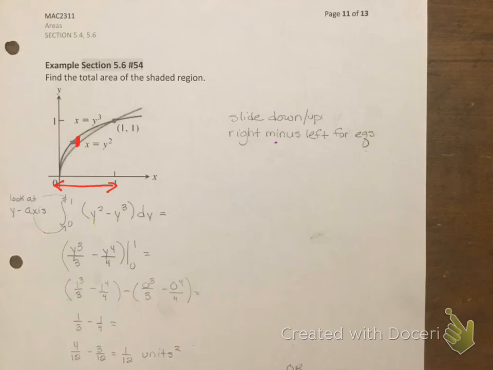Does the bottom stay on the orange curve? Does the top stay on the green curve as you slide right and left? The answer is yes. But my equations are not solved correctly. I need to take these two equations, x equals y cubed and x equals y squared, and I need to solve them for y.